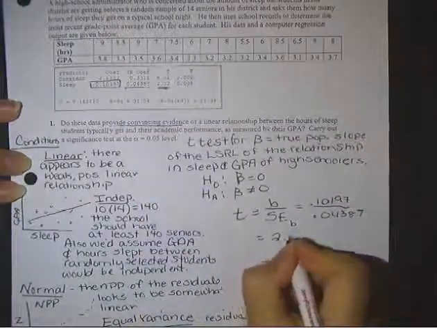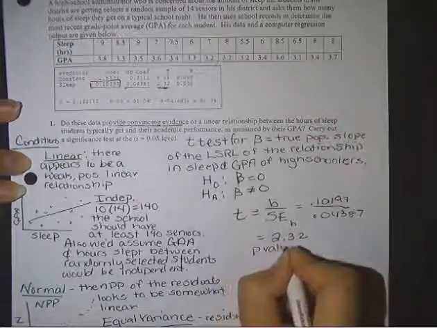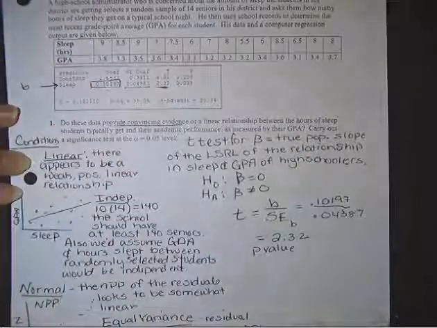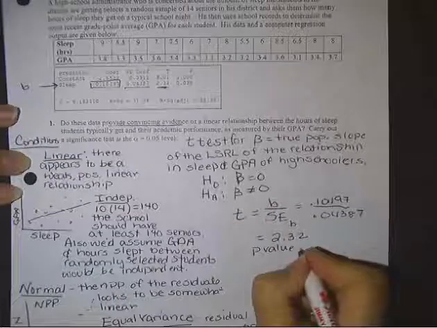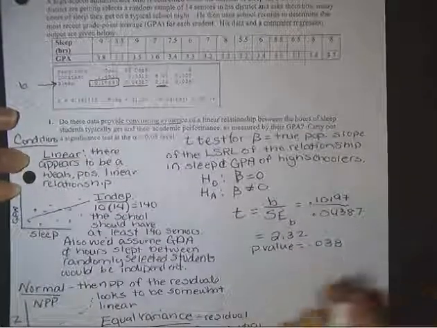Make sure we're going along the sleep line because that's our B, our coefficient of the x. Our p-value is 0.038, which is less than alpha.